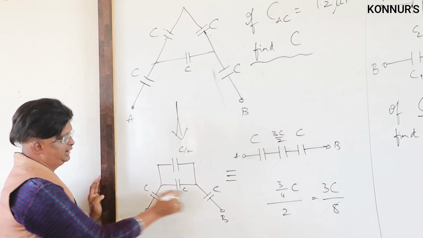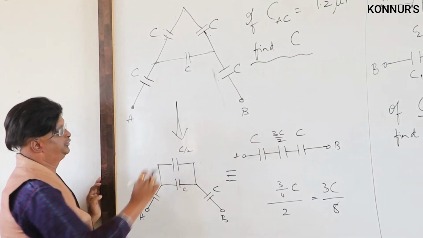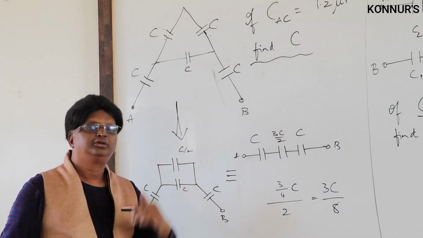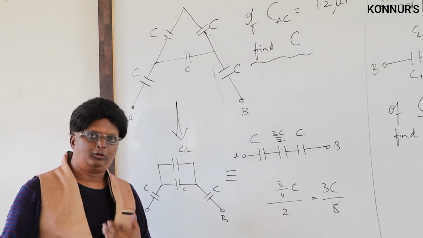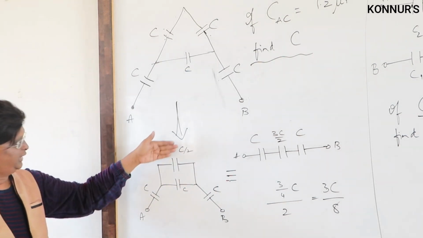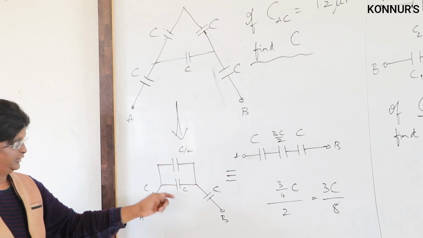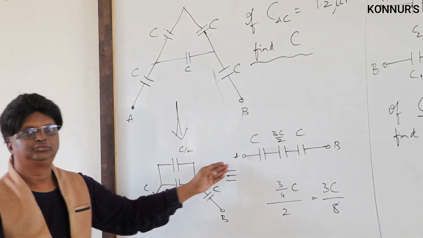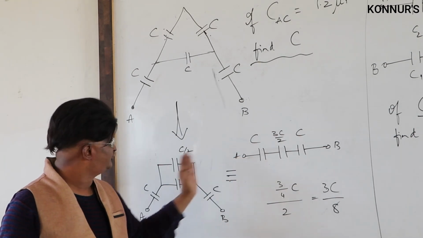See here, C and C and C, and this one is C by 2. So 5 has become 4. 4 becomes 3. Likewise, successive reduction will go on. Now here, C by 2 and C parallel. Therefore, this is C plus C by 2 becomes 3C by 2. So 4 becomes 3.